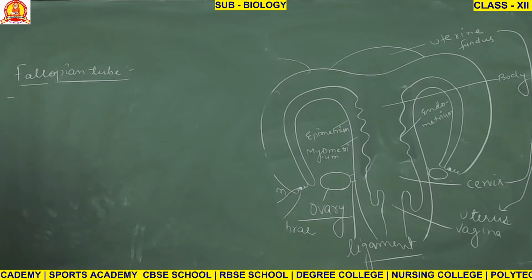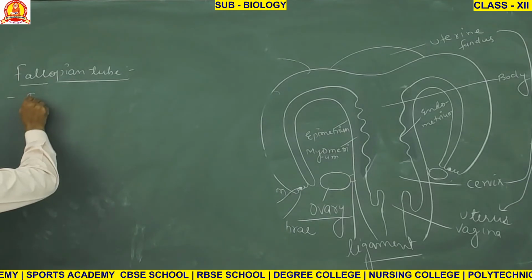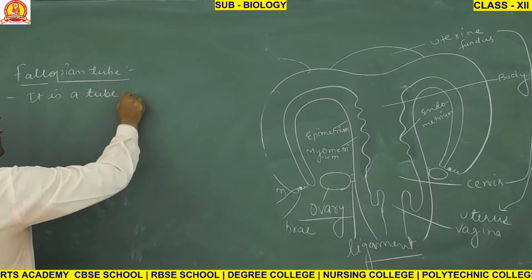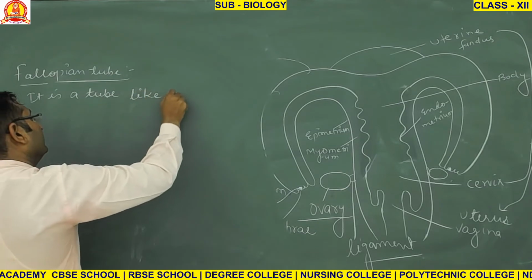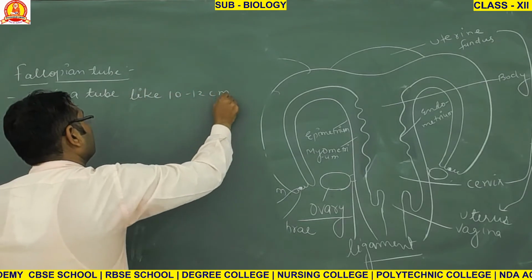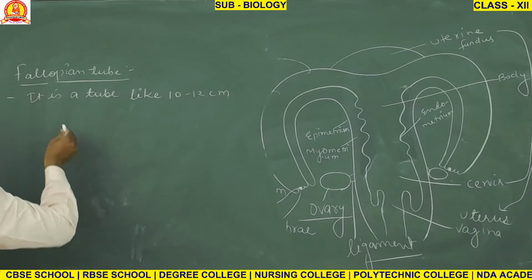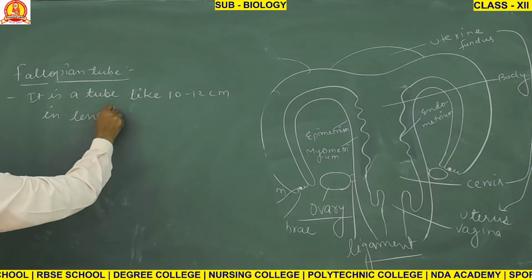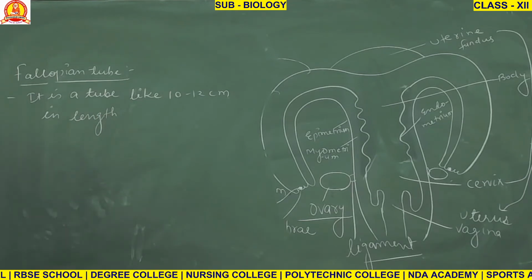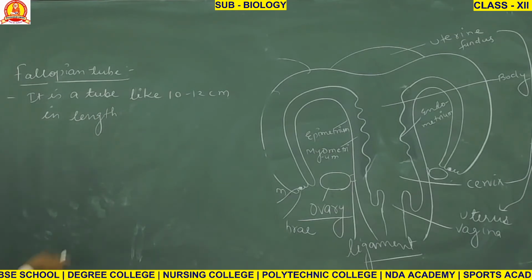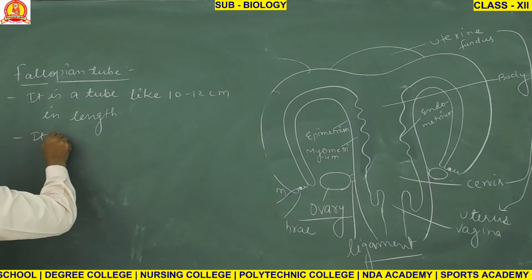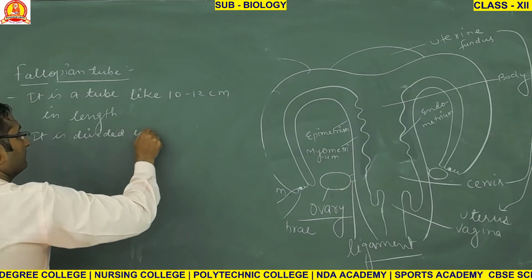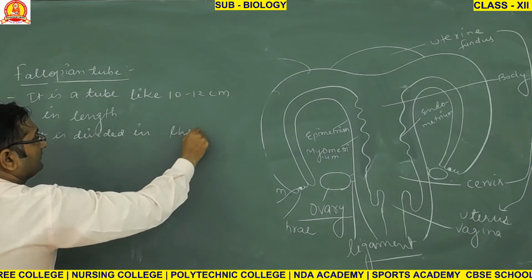First point, it is tube-like, 10 to 12 centimeter in length. Next point, it is divided in three parts.